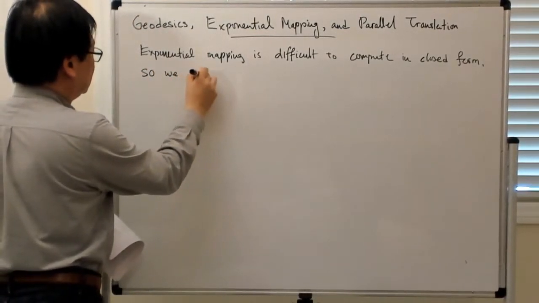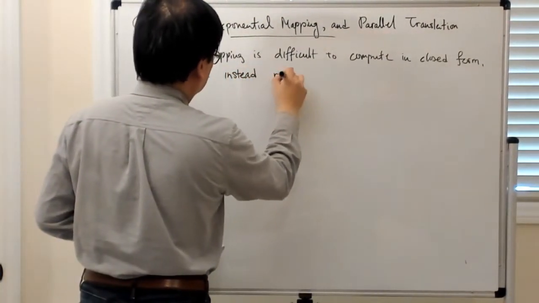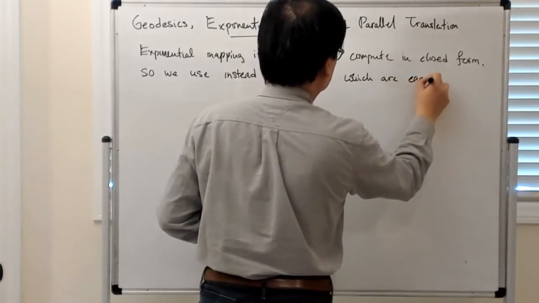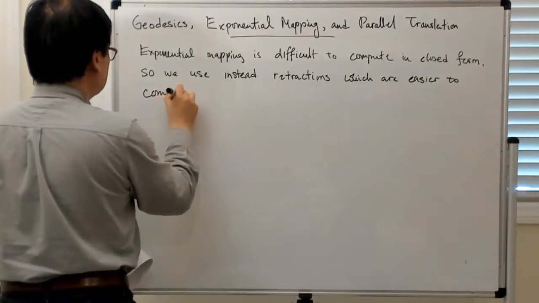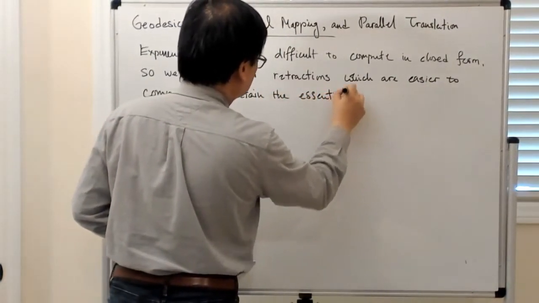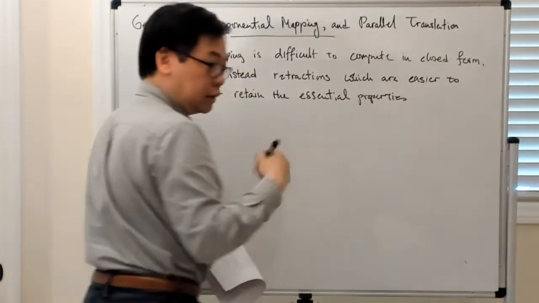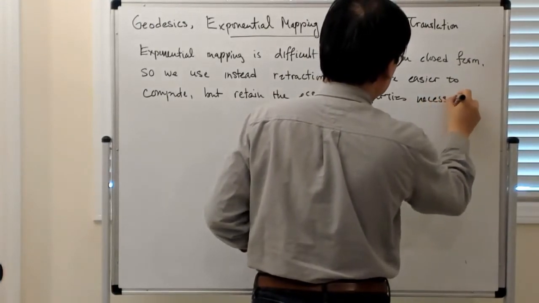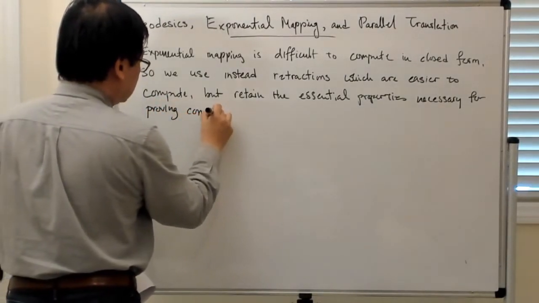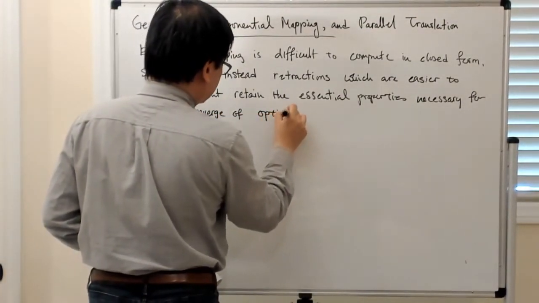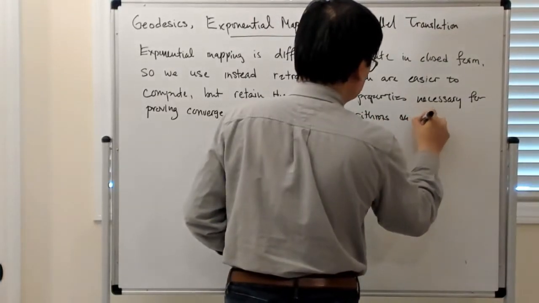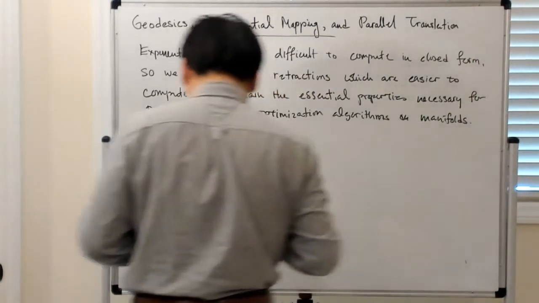So we use instead retractions which are easier to compute, but retain the essential properties necessary for proving convergence of optimization algorithms on manifolds.